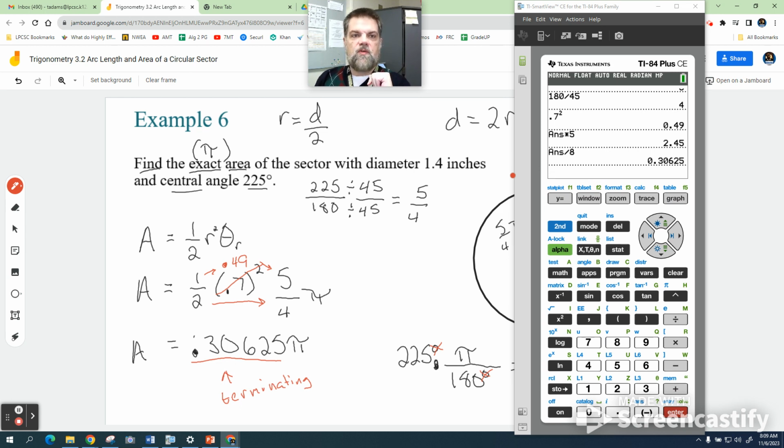It's actually 2.45 over 8. You could think of it as, you can multiply by 100 if you didn't want a decimal. But pi is an irrational number. And so as soon as I go to convert that to a decimal, I have to approximate because it doesn't terminate. So this is the actual exact value.